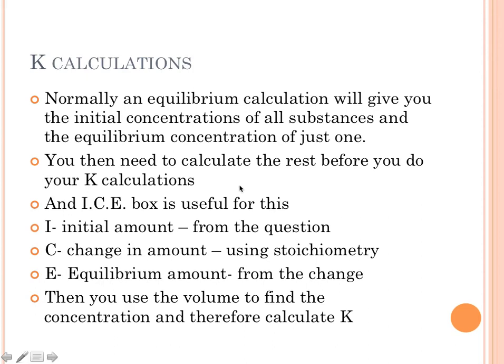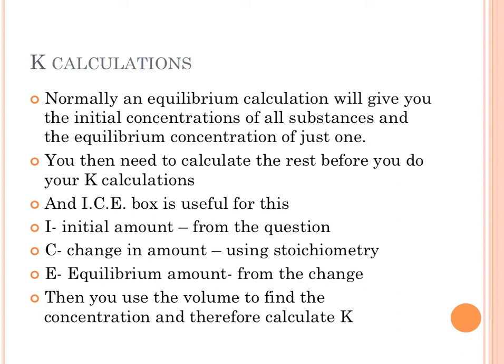So, if we're calculating it, normally an equilibrium calculation would give you the initial concentration of everything. When I say it'll give you the initial concentration of everything, that might mean it says into a vessel we put some potassium nitrate, add water.